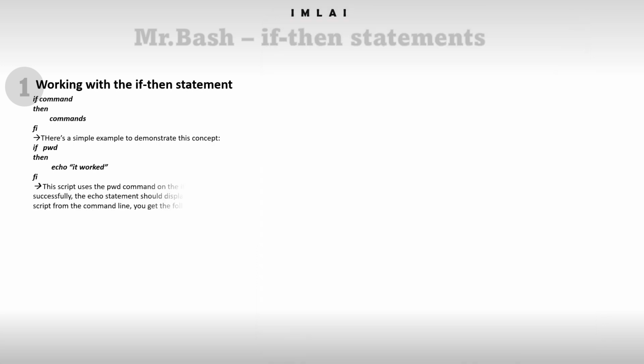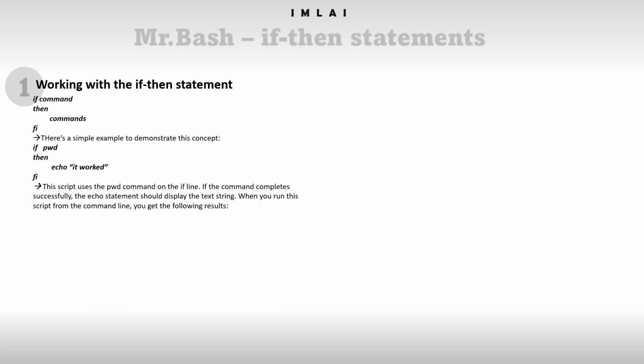Before we execute, let's see what this script consists of. This script uses the pwd command, the present working directory command, on the if line. If the command completes successfully with a right exit status code, then the echo statement should display the text string.